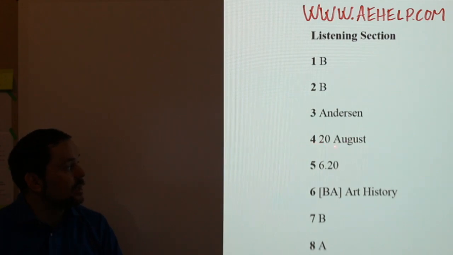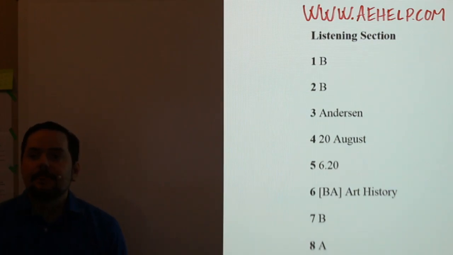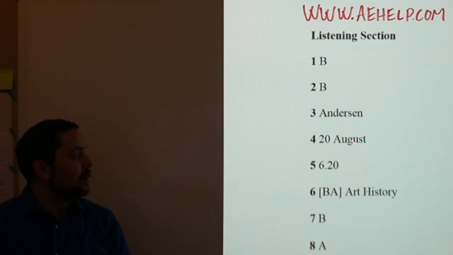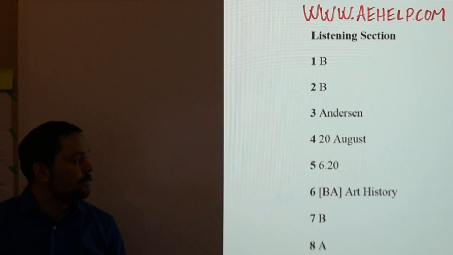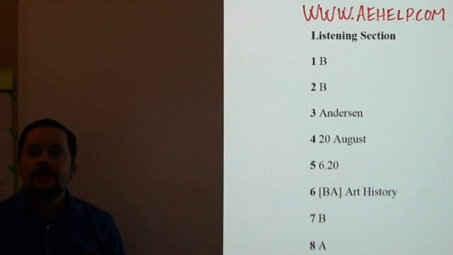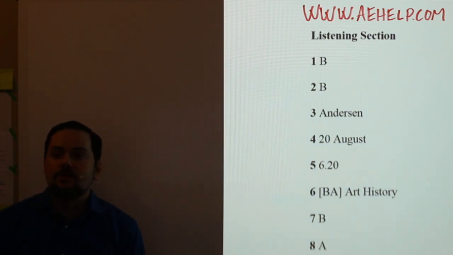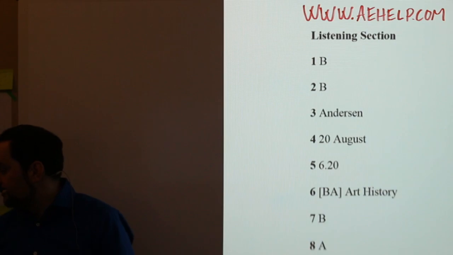So August 20, 20th of August, Aug 20, those are all correct, all right? And for the library fines, the correct answer is 6.20. They give you the pound sign, so you do not put the pound sign into the answer key. You only put 6.20, okay? That's the correct answer there, 6.20.